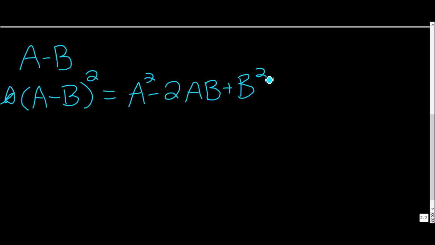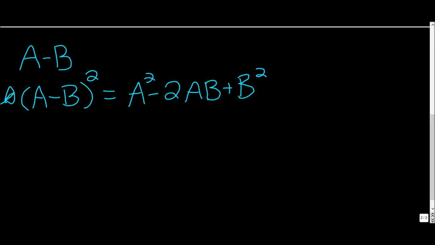So I've got alpha squared minus 2 alpha beta plus beta squared. So from this point, what I need to see is I need to try and find a way to get this into a form that I need.